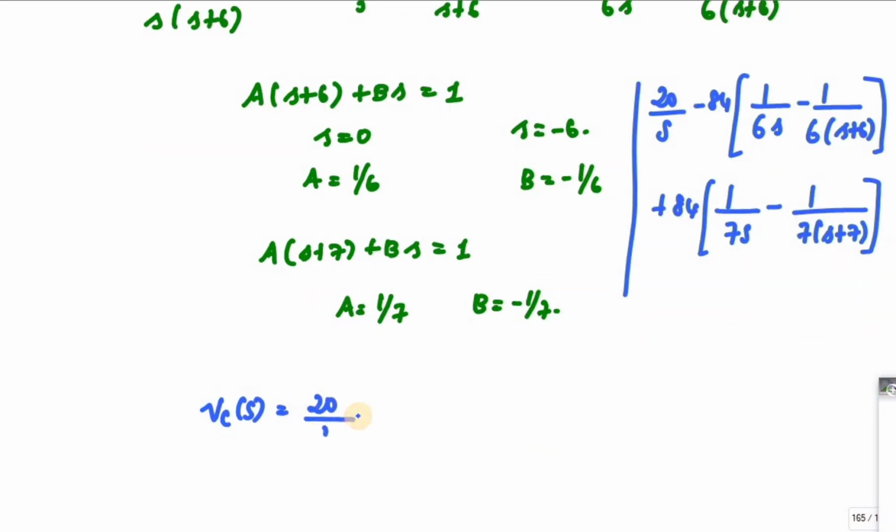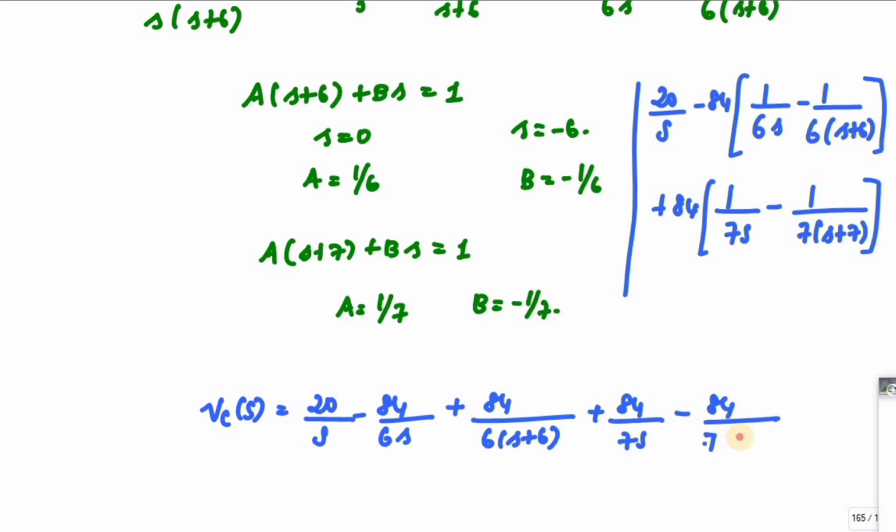So Vc(s) is equal to 20 divided by s minus 84 divided by 6s plus 84 divided by 6 into s plus 6 plus 84 divided by 7s minus 84 divided by 7 into s plus 7. So 84 divided by 7 gives the value of 12, and 84 divided by 6 will give the answer 14. Okay.